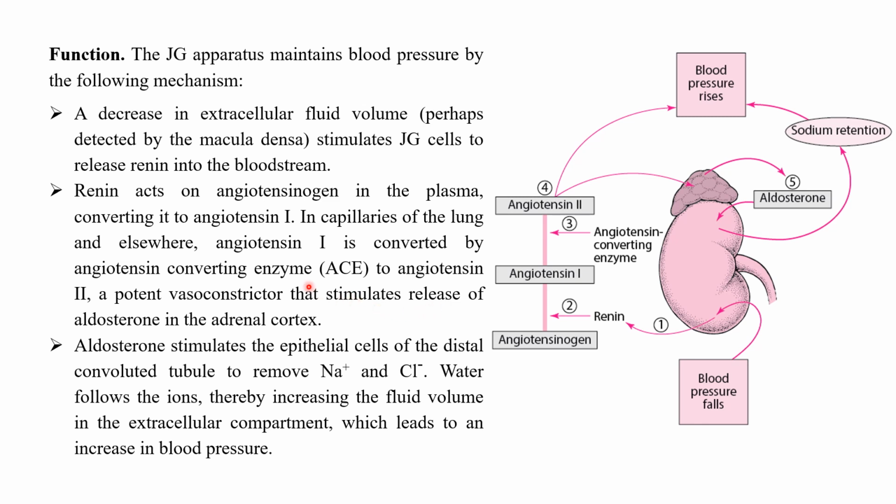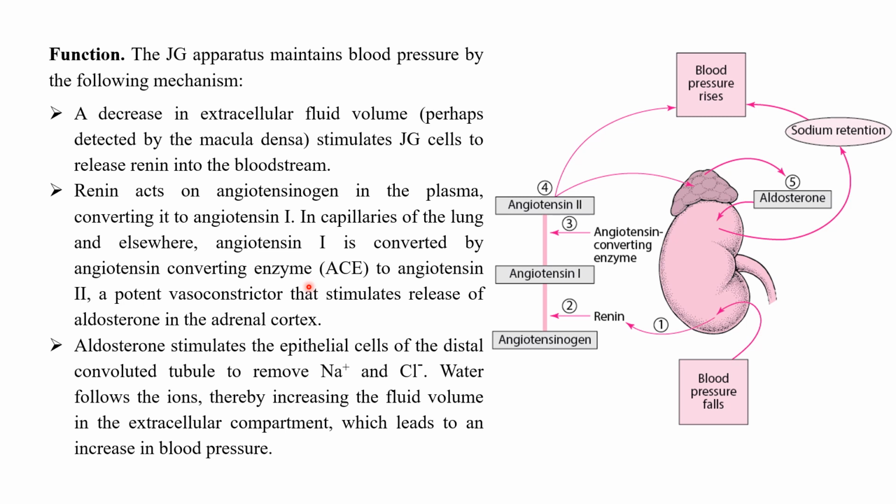Carefully observe here: the decrease in the fluid volume in the distal convoluted tubule stimulates the JG cells to secrete renin, and renin in the plasma converts angiotensinogen into angiotensin 1. This angiotensin 1 is converted into angiotensin 2 by the action of an enzyme called angiotensin converting enzyme, or ACE, in the lungs or liver or any other organs.